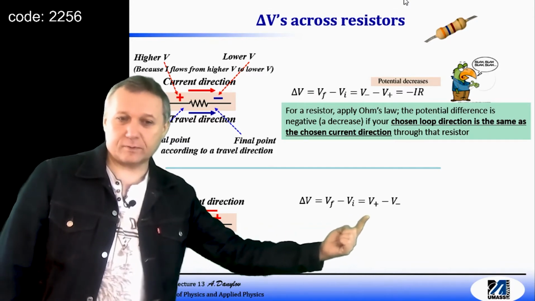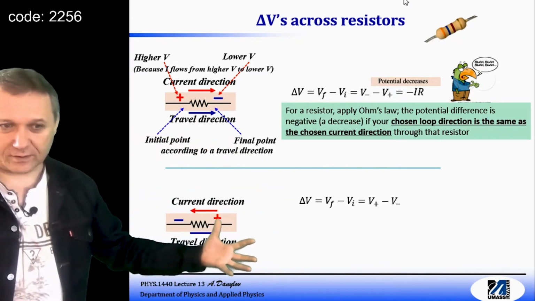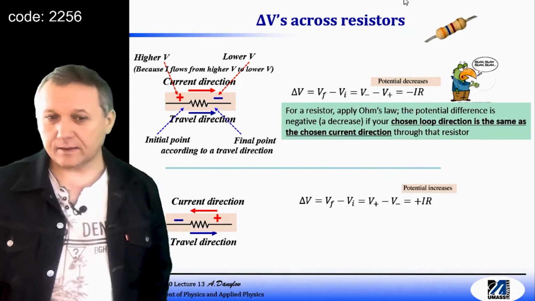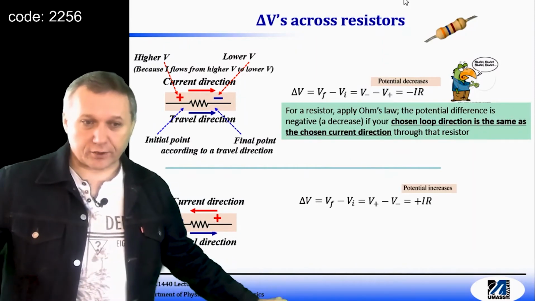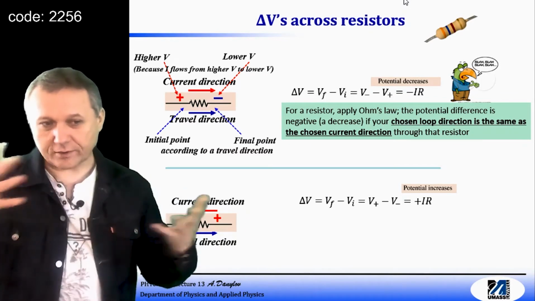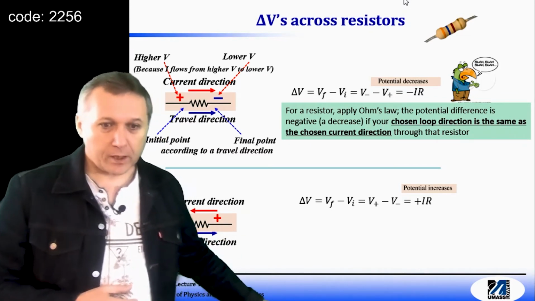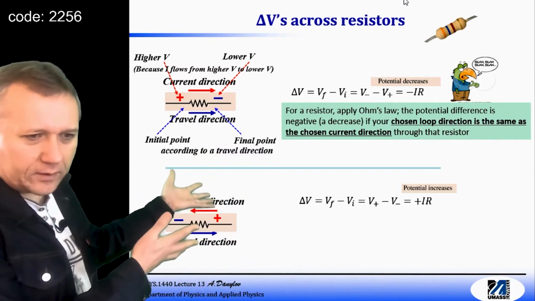So in this case, V plus minus V minus, so the contribution must be positive. And we know how to write it, IR, but in this case, plus IR. So if the current and travel directions are opposite, the contribution is positive.